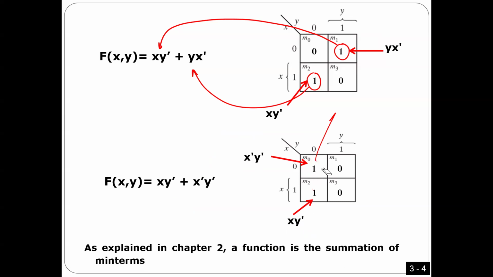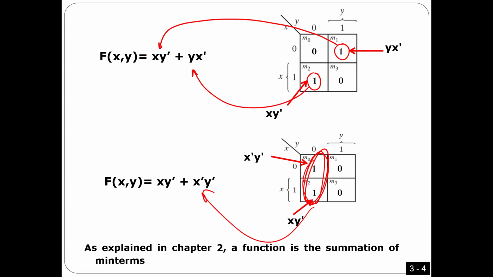Here, I took this one alone separately, and this one separately. This made one term, this will make another term. What I'm going to explain right now is, if you have neighbors, I can combine them together and make only one group with only one term.